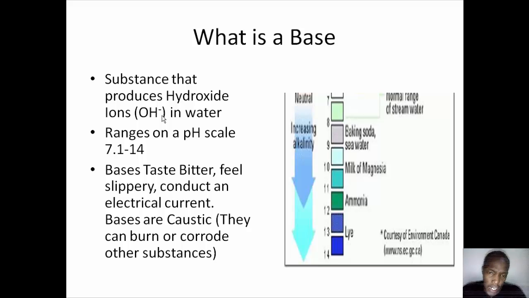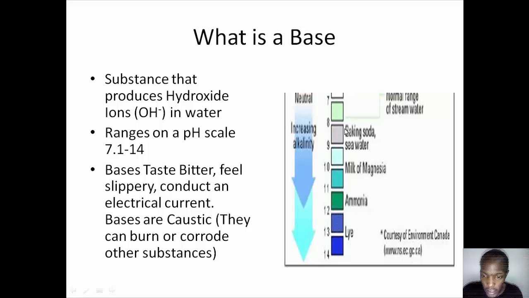And how is that important to water? Because if you look at the two components, H for acids and OH for bases, together, what do they make? Water, H2O. Bases range on a pH scale from 7.1 if you go by decimal places, but for our purposes from 8 to 14, or anything greater than 7 to 14.